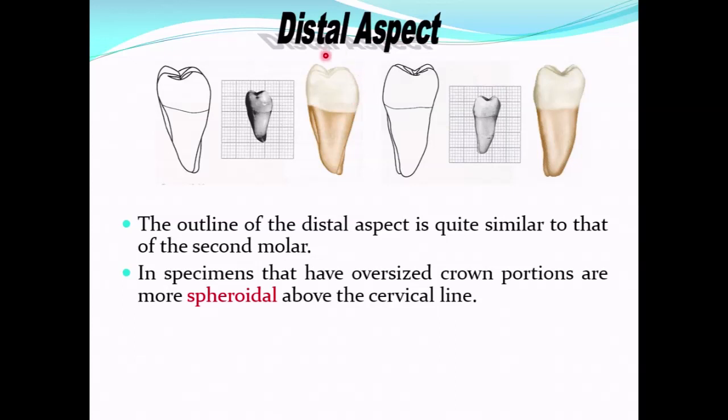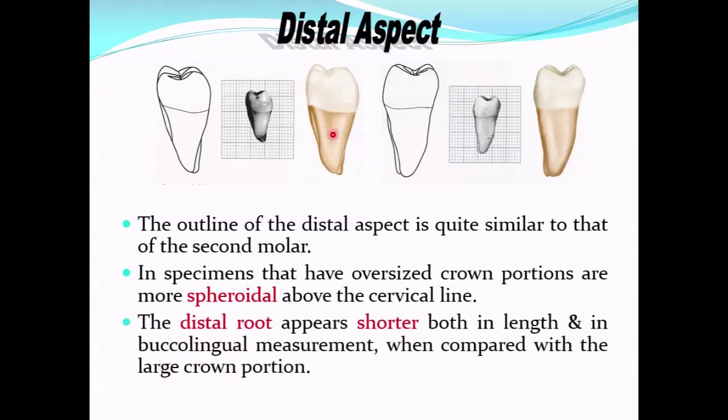The distal root appears shorter both in length and in buccolingual width, shorter and narrower than the distal root in the mandibular second molar.